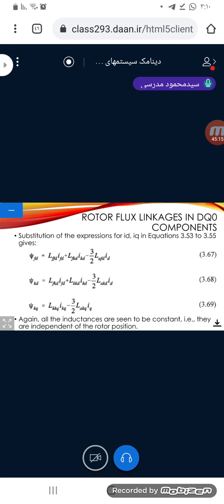Rotor flux linkage in DQ0 components. Substitution of the expressions for ID and IQ in equations 3.53 to 3.55 gives psi FD is equal to LFFD IFD plus LFKD IKD minus 3 divided by 2 multiplied by LAFD ID.